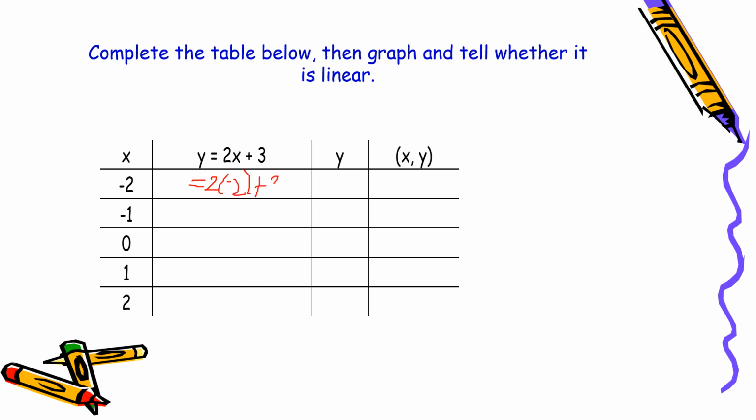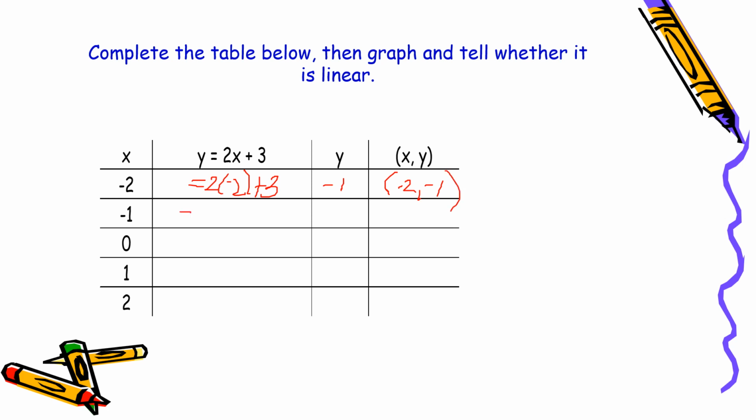So 2 times negative 2 is negative 4, plus 3, the answer is negative 1. Therefore, x is negative 2 while y is negative 1. So that's the answer.